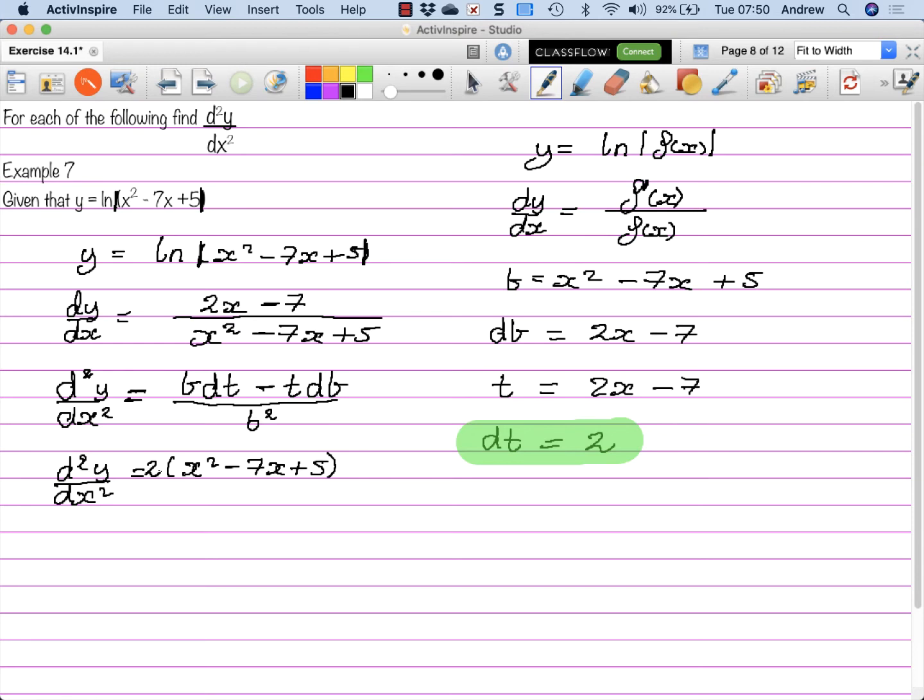And then the next part of the formula says a minus, so put a minus in. And it says the top, which is 2x minus 7, multiplied by the differential of the bottom, which is also 2x minus 7.